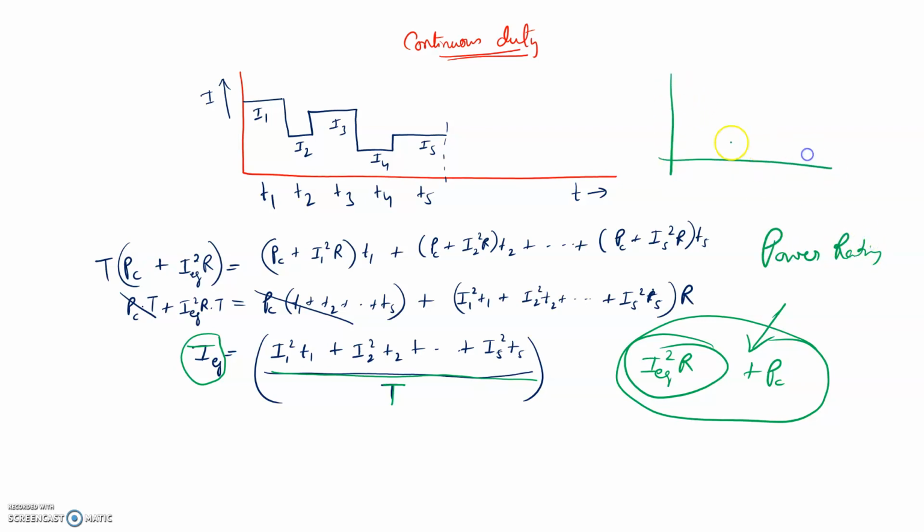This curve can also be a continuous line like this, for time t up to capital T. So again I equivalent is equal to the root of 1 by T times the integration from 0 to T of I squared dt, where I is the current from 0 to T, and capital T is the time up to which we are calculating.